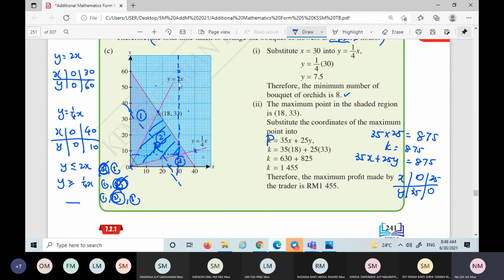So you just solve simultaneously this y equals 2x with this line. This line is 2y plus 3x equals 120. These are the equations. So solve simultaneously. y equals 2x, substitute here.